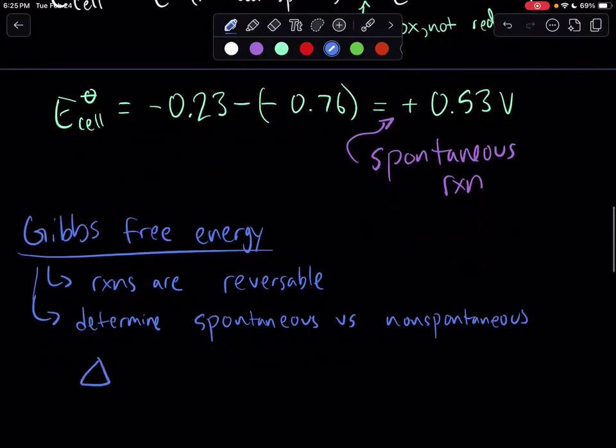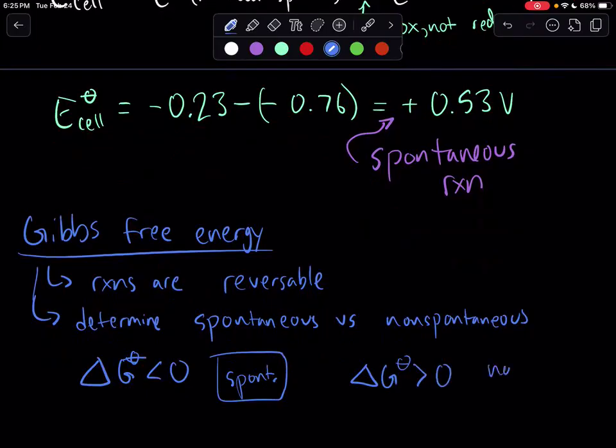We know that with Gibbs, if the change in Gibbs free energy is less than 0, that is spontaneous. And if the change in Gibbs free energy is greater than 0, that is not spontaneous.